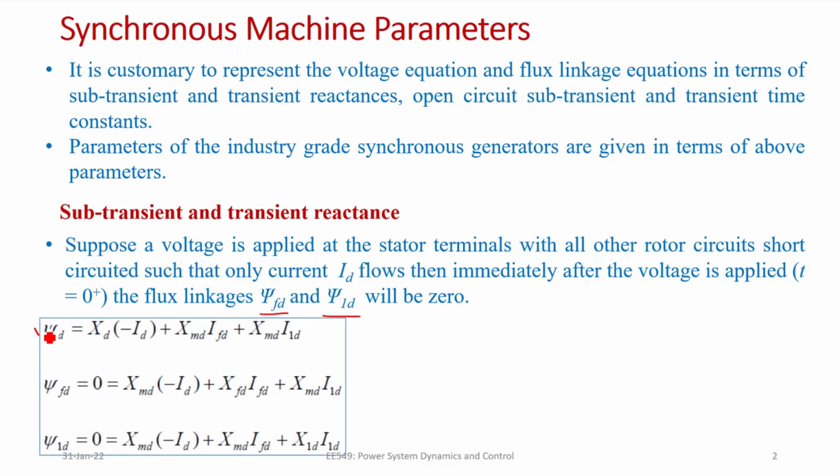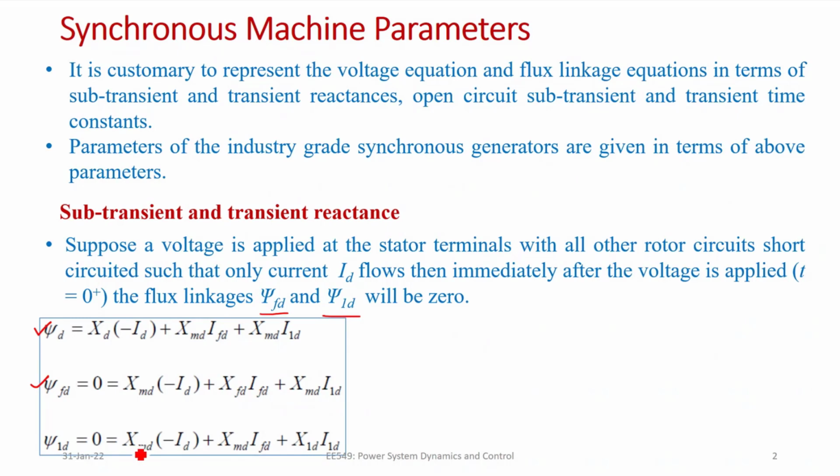Psi d, we know this is the stator flux linkage equation: xd into minus id, plus xmd ifd, plus xmd I1d. Similarly psi fd equals xmd into minus id, plus xfd ifd, plus xmd I1d.